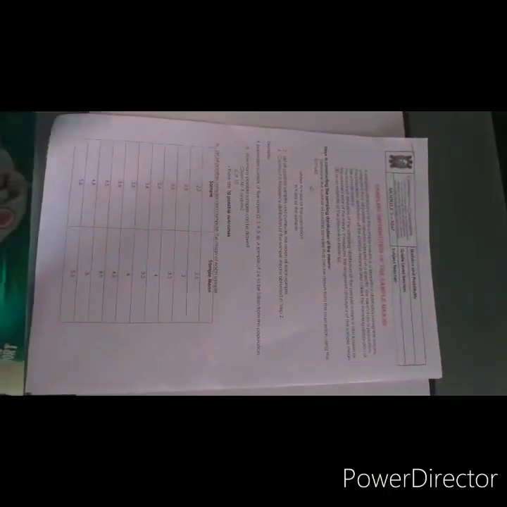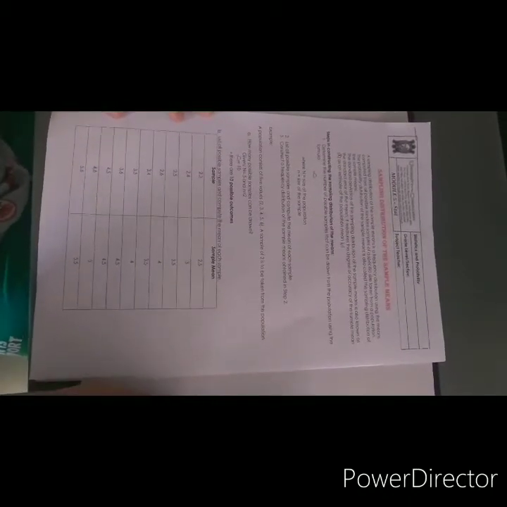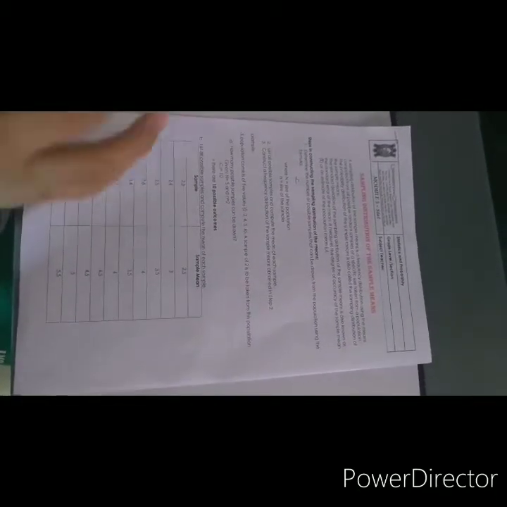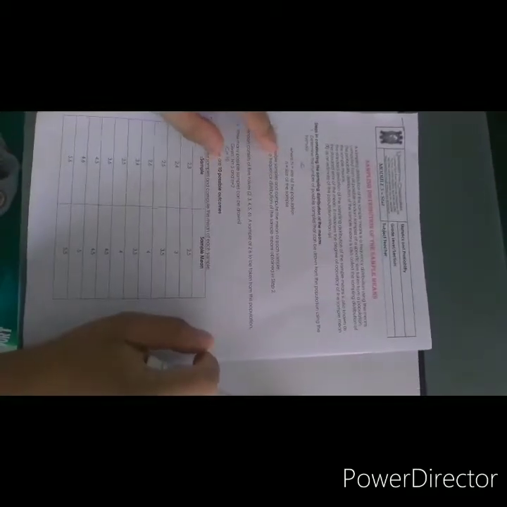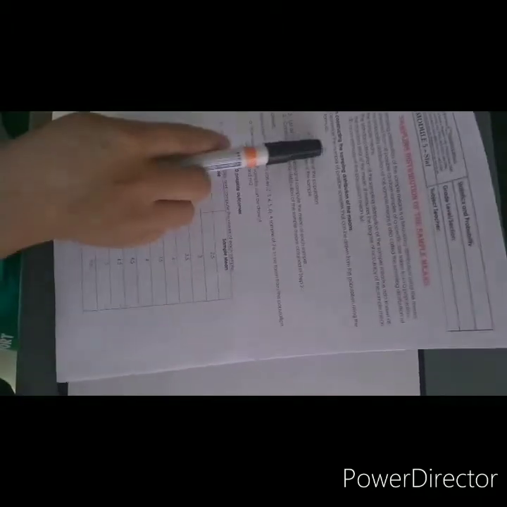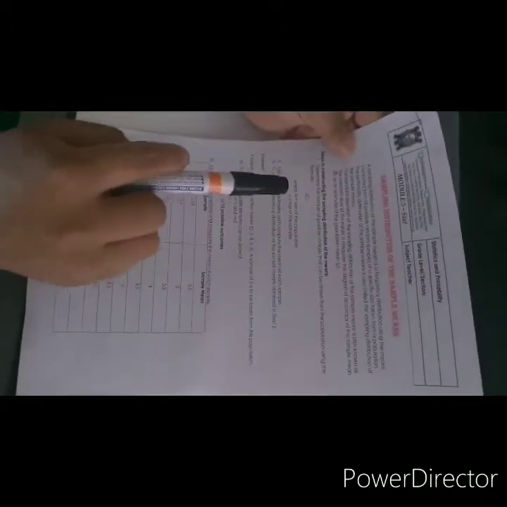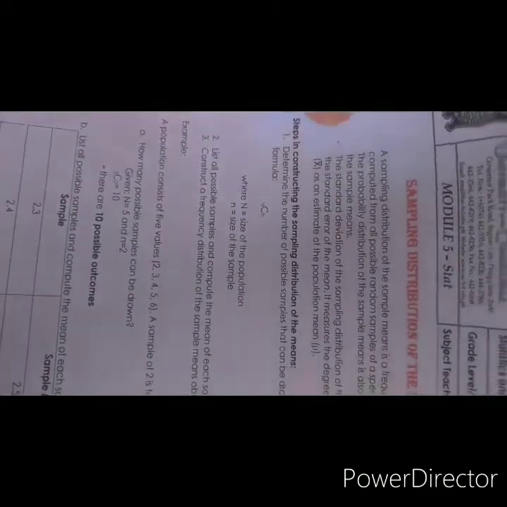Okay, so first, let's have the steps in constructing the sampling distribution of the means. Number 1 is you should know how to identify the possible number of samples, I mean the number of possible samples that can be drawn from the population using the combination formula of capital N, small n, where capital N is the size of the population and the small n is the size of the sample.